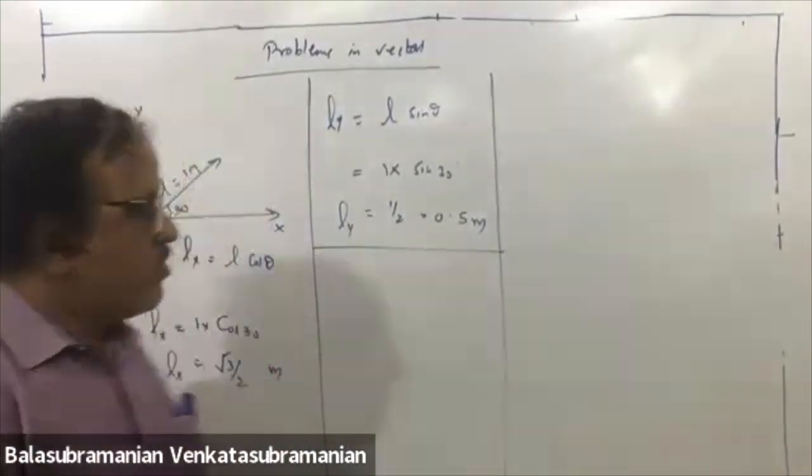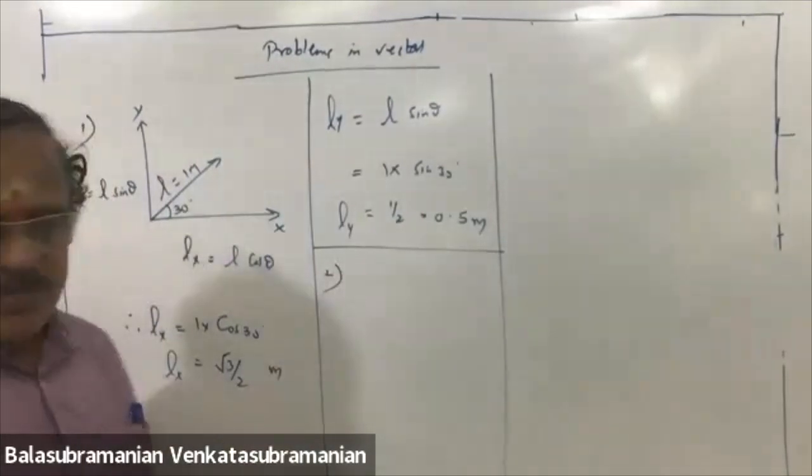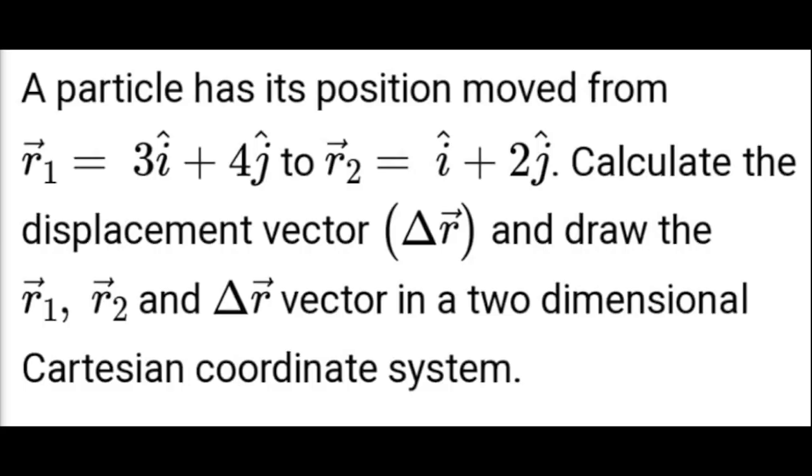Second problem. A particle has its position moved from R1 to R2. R1 is 3i plus 4j. R2 is i plus 2j. Calculate the displacement vector and draw R1, R2 and delta R in a two-dimensional Cartesian coordinate system.